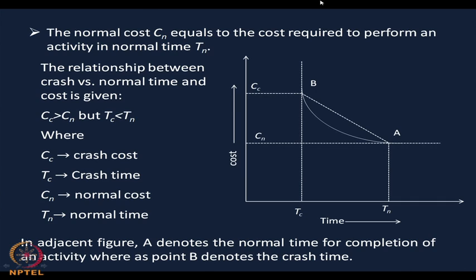So, for simplicity, to get an easier formula, we are approximating this curve by the dotted straight line AB, so that from this straight line AB you can find out the slope.